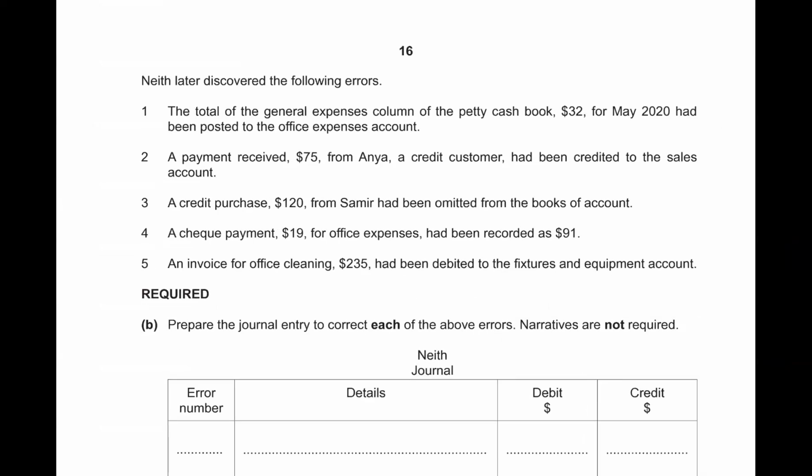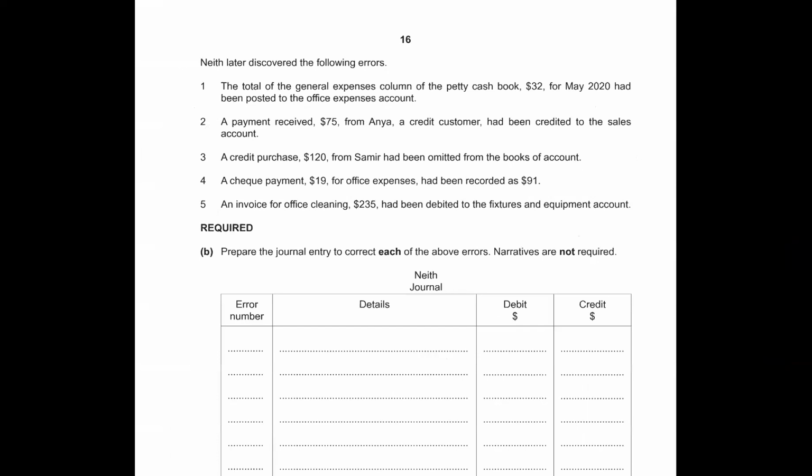This was question number 4B, 2021. The question read that the sole proprietor later discovered the following errors. These were the errors from 1 through up to 5.